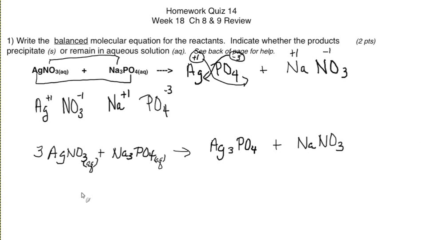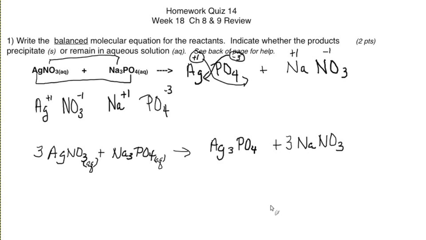So 3 silvers, 3 silvers. That gives us 3 nitrates now. So we're going to have to put a 3 here in order to compensate for the 3 that we had put there. That gives us 3 sodiums, which we already have, so that works out nicely, and 1 phosphate, which we have over here. So there's your balanced equation, a 3, a 1 understood, a 1 understood, and a 3.